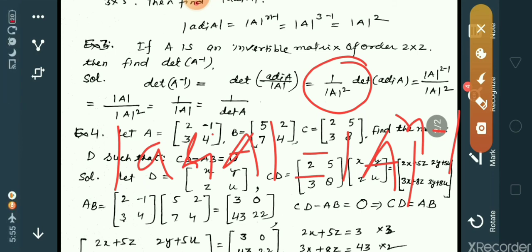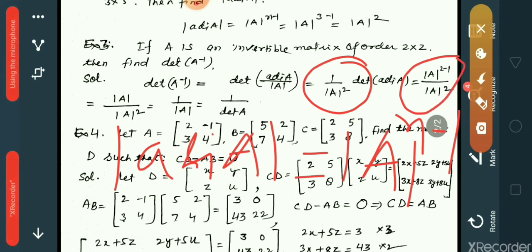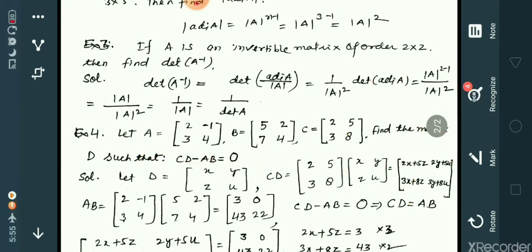So use determinant of A to the power 2 minus 1. After this calculation, you get determinant of A divided by determinant of A square, and finally we got 1 upon determinant of A.